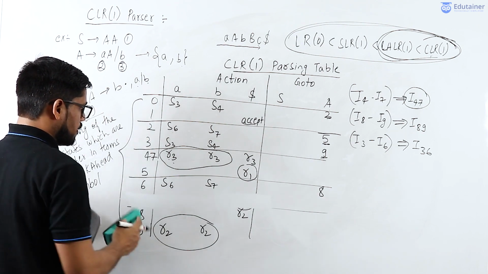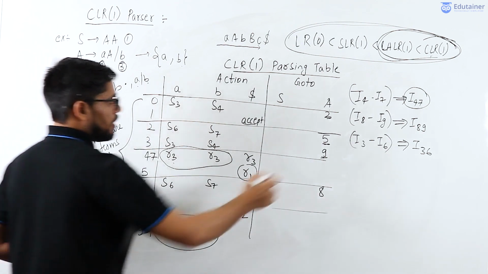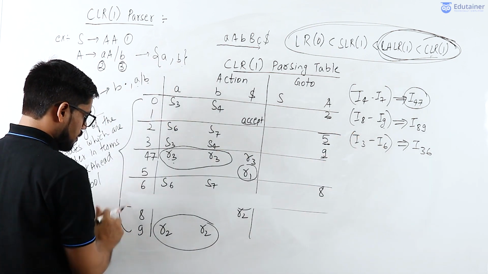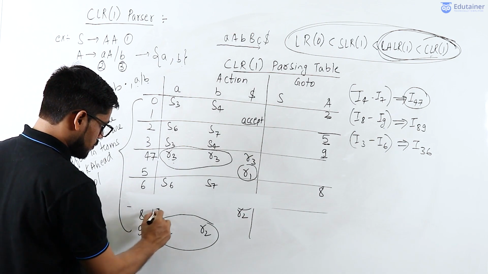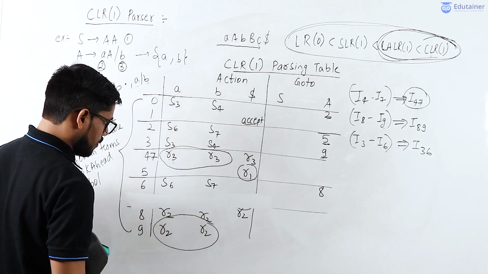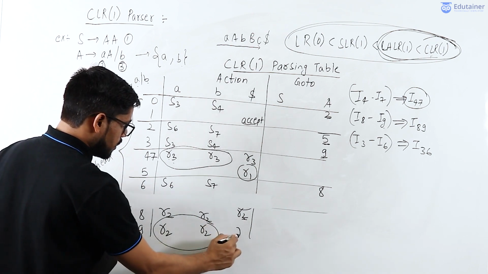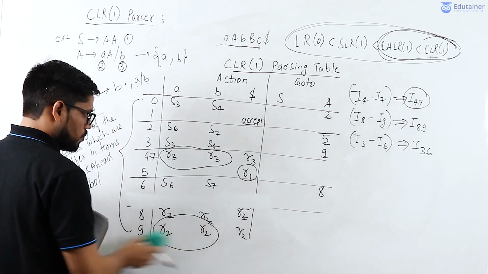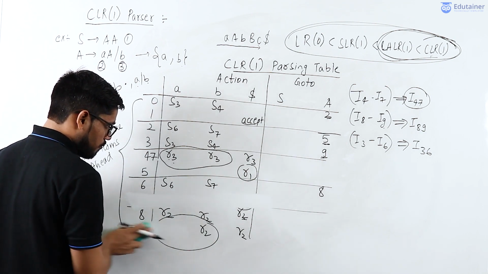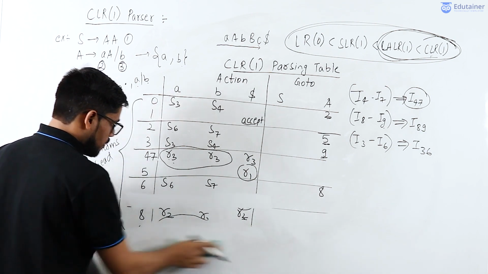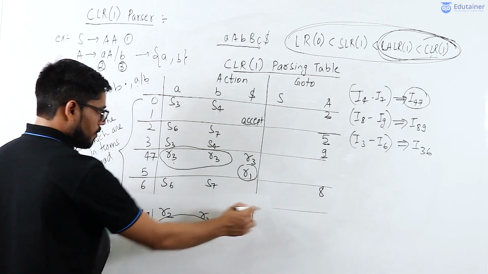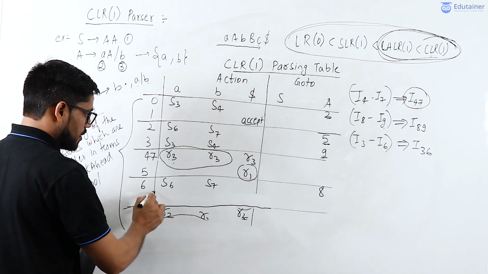Now we have a total of 9 states. Similarly, I8 and I9 states are the same. So here I add R2, and this R2 is also added here. So these two states are also redundant. This state is redundant, so I can easily remove it and add 8, 9 here. I am talking about the LALR1 parser.